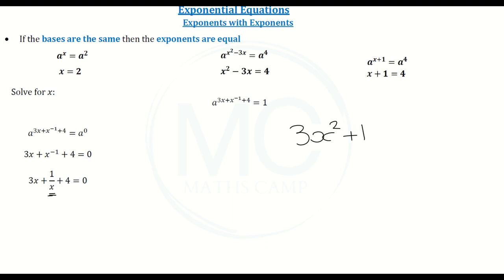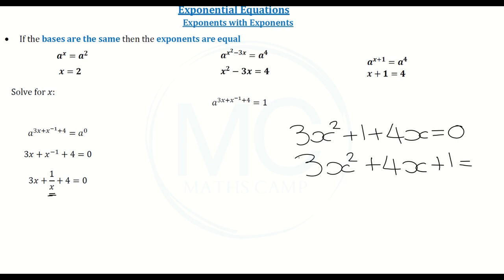And 4 multiplied by x gives us 4x. And we can make this equal to 0. Let's rewrite this equation in descending exponents. And we say 3x squared plus 4x plus 1 is equal to 0.